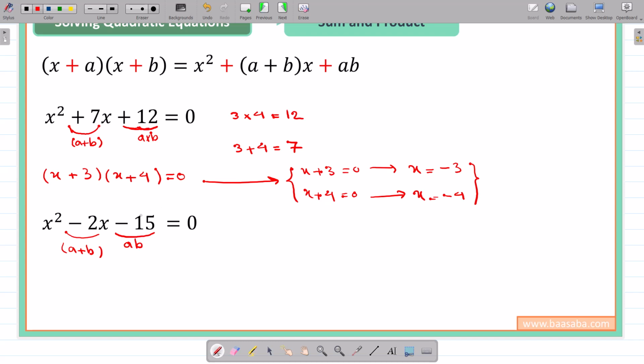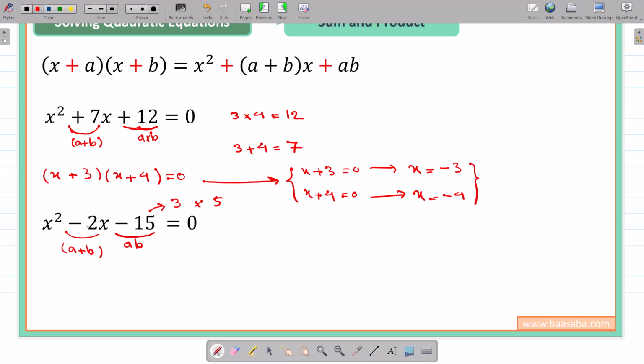What are some numbers that can produce 15? We know 1 times 15 is 15, but there's no way for them to make negative 2 as their sum. What are the other numbers that make 15? We know that 3 times 5 makes 15, but we don't know which of them should be positive and which negative. Take a look at negative 2.